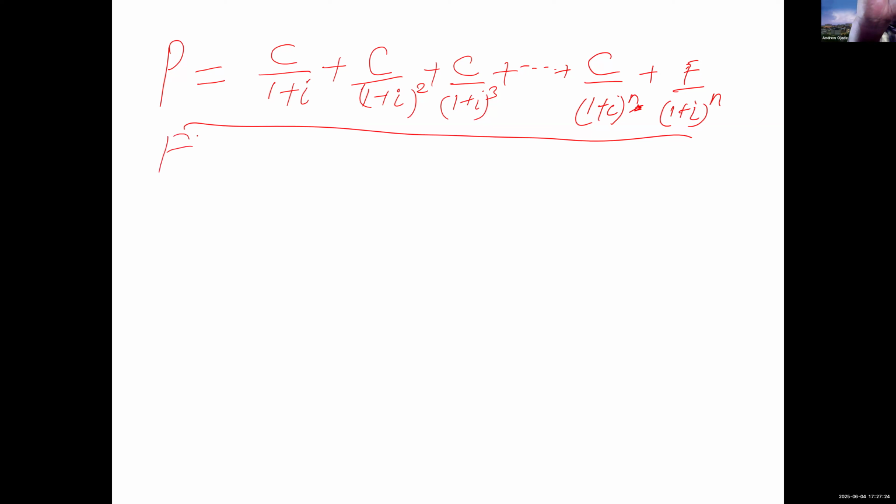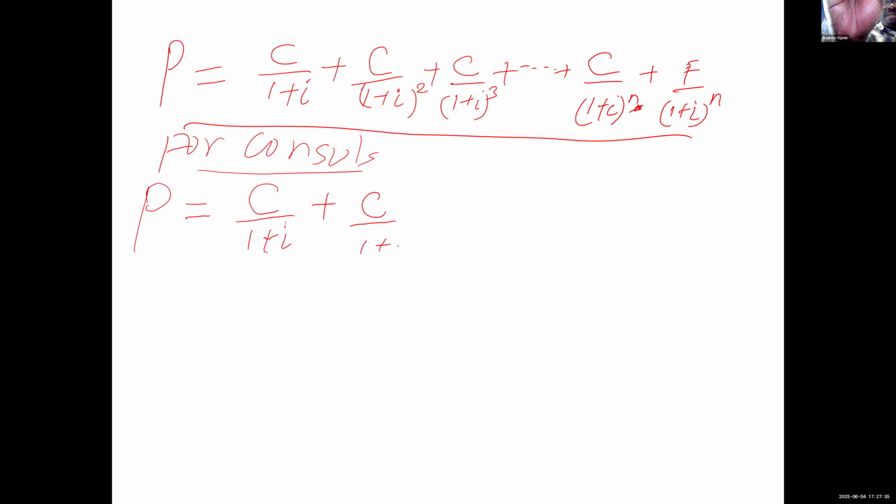So for a consol, or perpetuity bond, the price or the present value is going to be written as C over 1 plus i, plus C over 1 plus i squared, plus, this is going to go forever. There's no end date. Or if you want to put an end date, you could say plus C over 1 plus i to the power infinity.